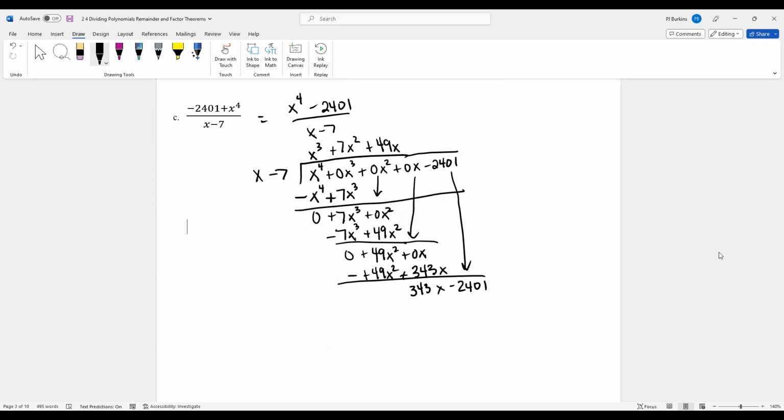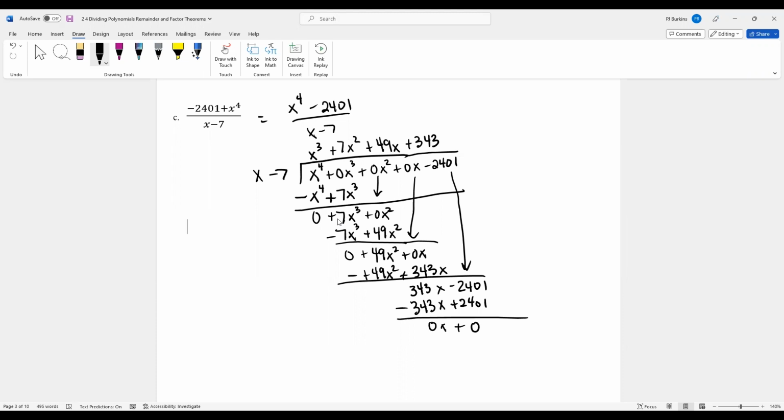All right, how do we make x into 343x? That's easy. Multiply by 343. So 343 times x returns 343x. 343 times negative 7 is minus 2,401. That looks like this is working out really nicely, right? Our last step here is to change these signs and then add down the columns. We get 0x plus 0, which is fantastic.